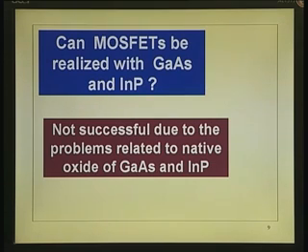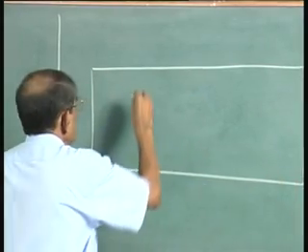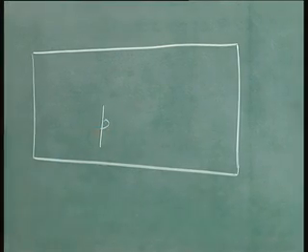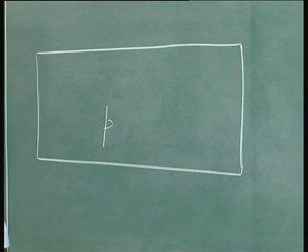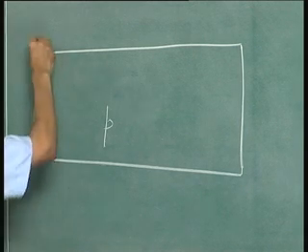Now, the success story with silicon is you have been able to get the oxide using native oxide. Why I want to bring it out is you will have a p-type material.